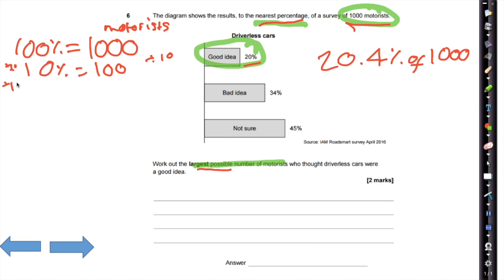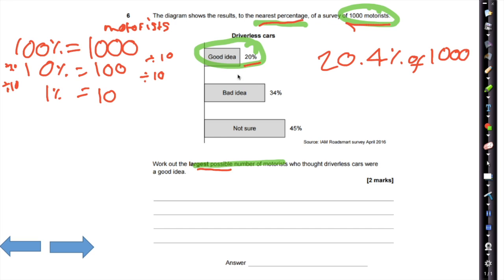If we divide that by 10 again, 10 divided by 10 will give us 1%. And if we divide that by 10 again, so 100 divided by 10, will give us 10. So 1% is 10 motorists.